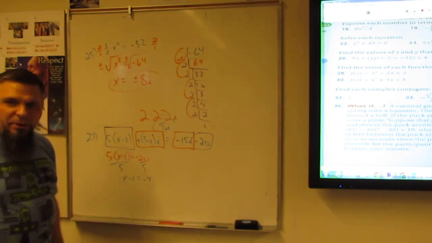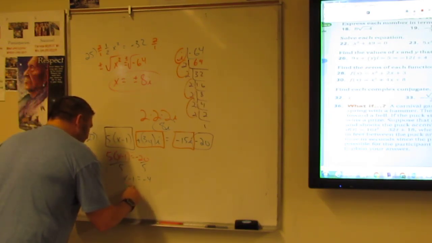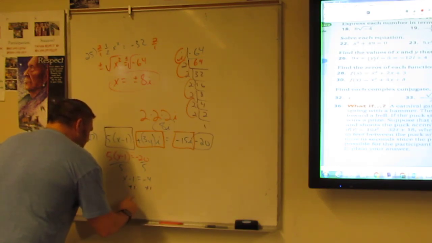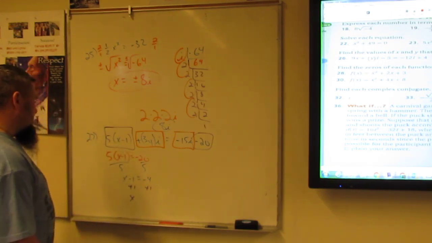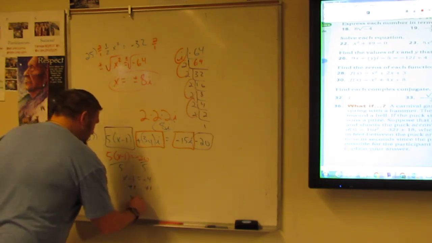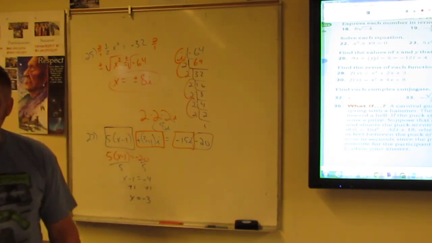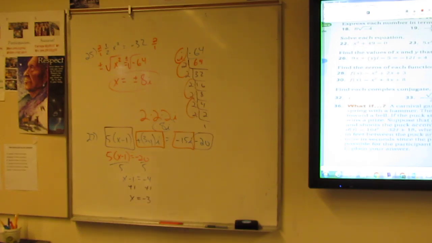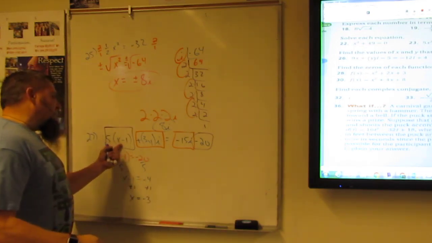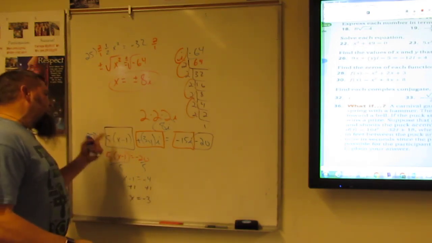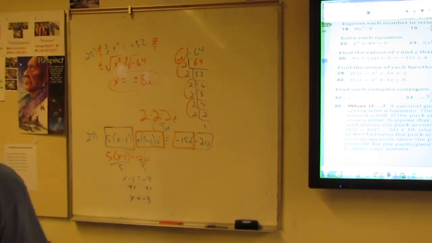I add 1 to both sides. Right? And so x has to be negative 3. Okay? If x is negative 3, this becomes negative 4. Negative 4 times 5 is negative 20, right?